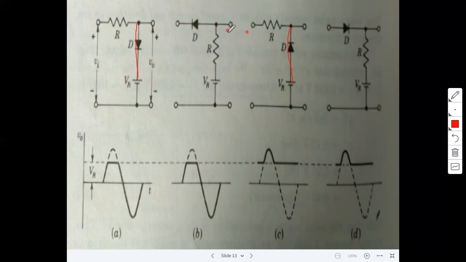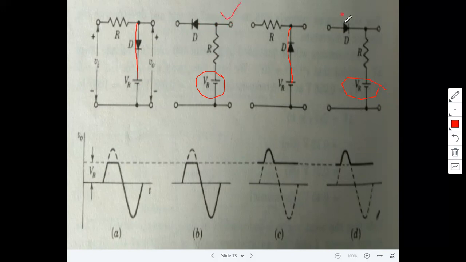Whereas in series clipper circuits, it is exactly opposite. When the diode is on, the output follows the input. When the diode is off, the output is limited to the reference voltage only.